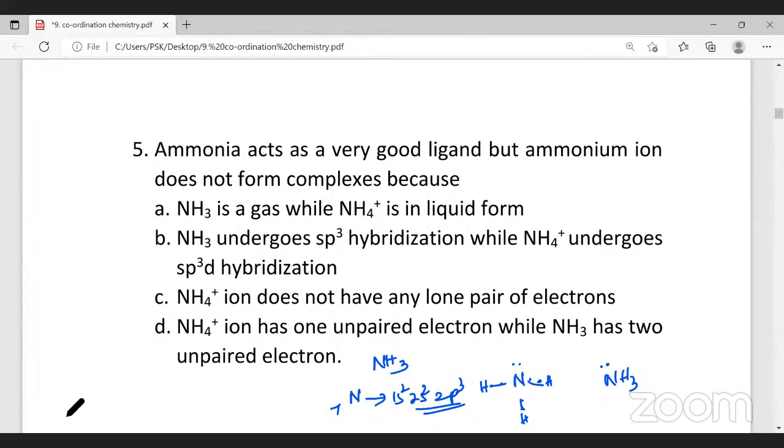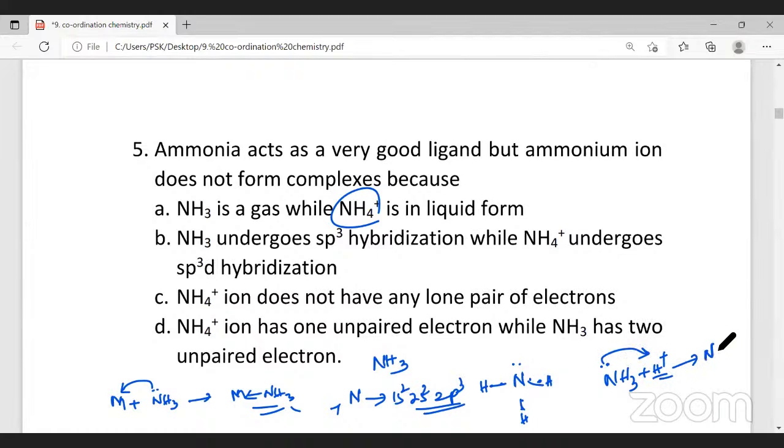Since ammonia has a lone pair of electrons, it can donate a pair of electrons to the metal to form a coordinate bond. Ammonia forms a coordinate bond, no doubt about it. But if I'm talking about ammonium ion, how is it formed? When ammonia reacts with an acid, represented as H+, ammonia donates a pair of electrons to H+, and you get the NH4 plus ion. So in NH4 plus ion, there is no lone pair of electrons.